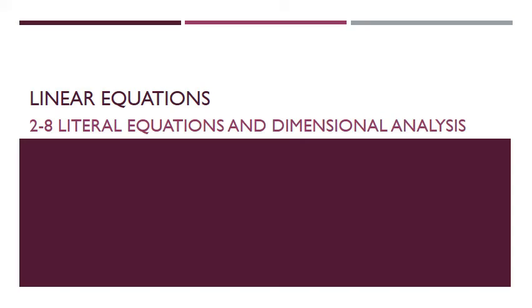So let's see, we've got an equation here. We've got D plus 5C equals 3D minus 1, and we're being asked to solve for D. Okay, so I've actually got three terms in this equation.